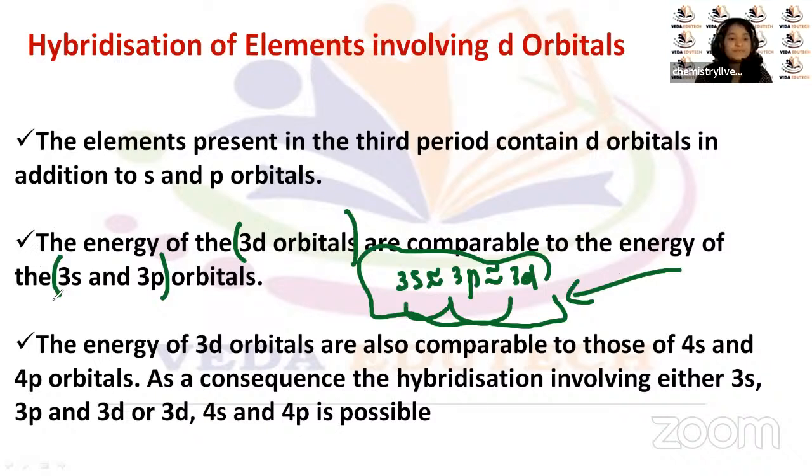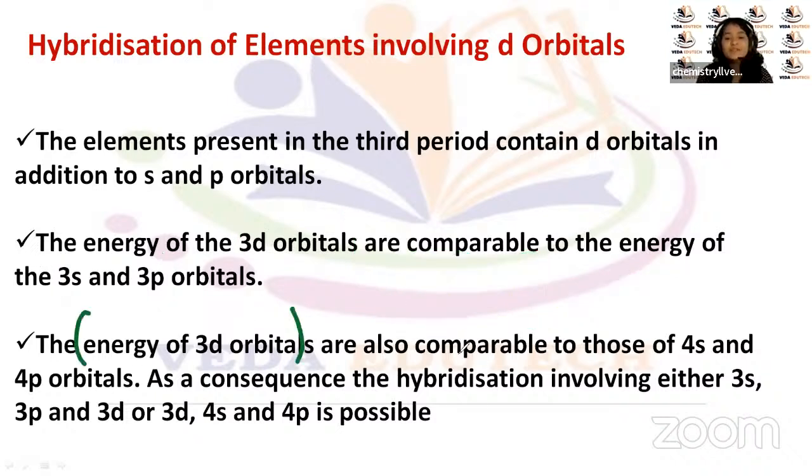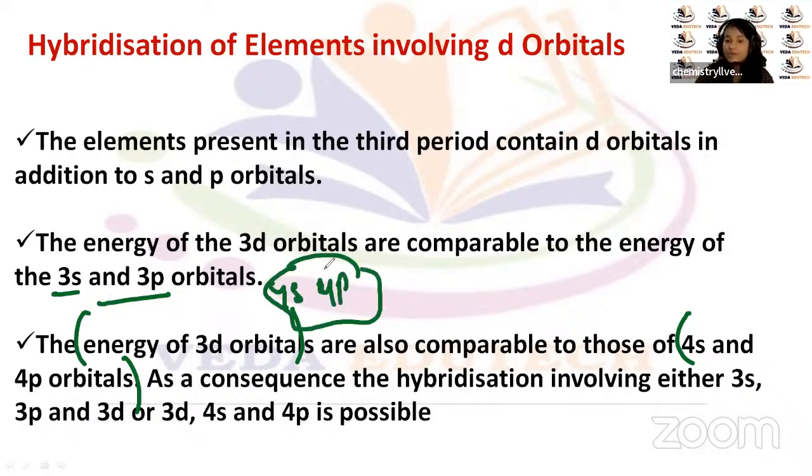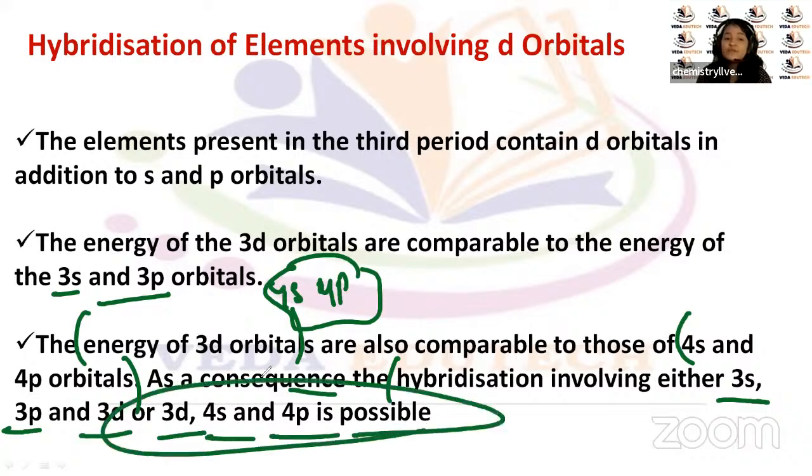The energy of 3d orbitals are also comparable to 4s and 4p orbitals. So it can combine with 3s and 3p, also with 4s and 4p, because it is having comparable energy with all of them. As a consequence, hybridization involving either 3s, 3p and 3d, or 3d, 4s and 4p is also possible.